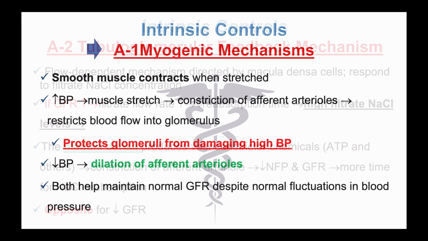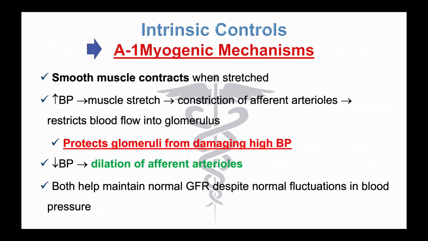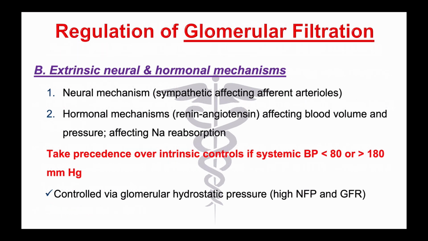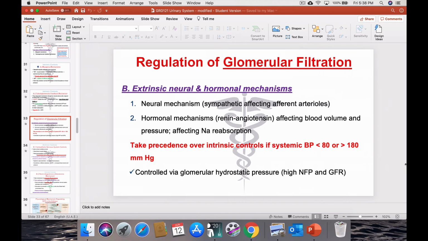Two mechanisms you have to understand: one is the myogenic mechanism that controls the glomerular filtration rate, and the other is the tubuloglomerular feedback mechanism that controls the glomerular filtration rate. Now, how is this glomerular filtration regulated? We will see that now.